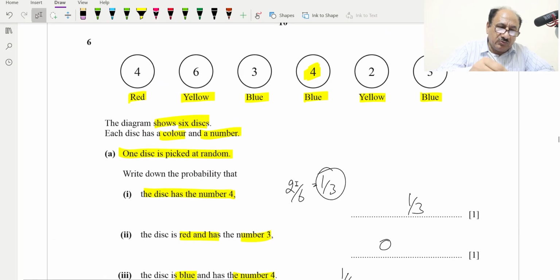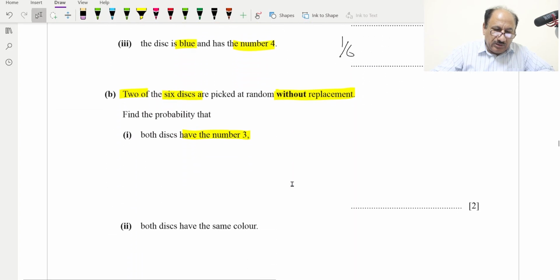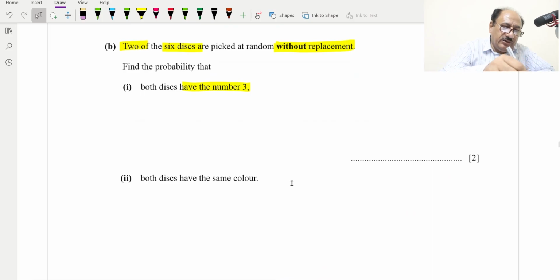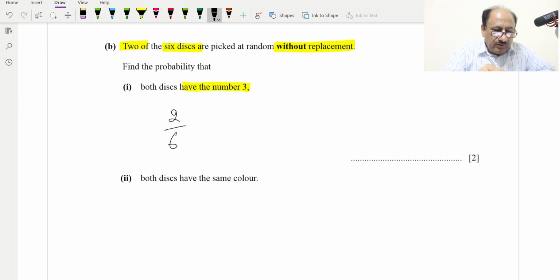So the first one will be 2 out of 6 probability, and for the second one, because it is without replacement, 1 is gone, so it will be 1 out of the remaining total, which is 5.